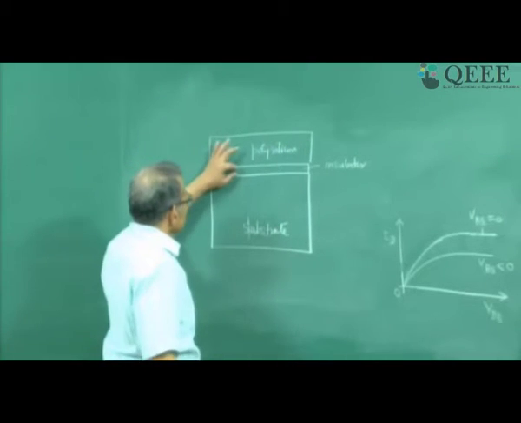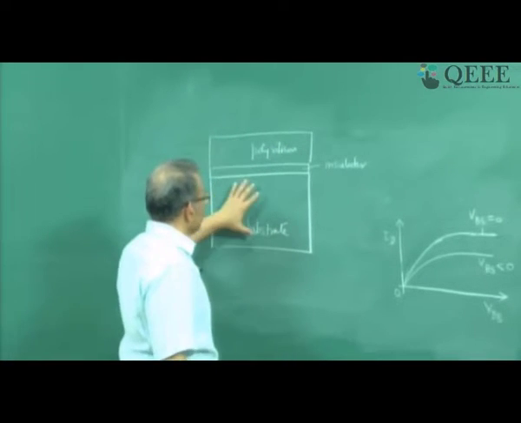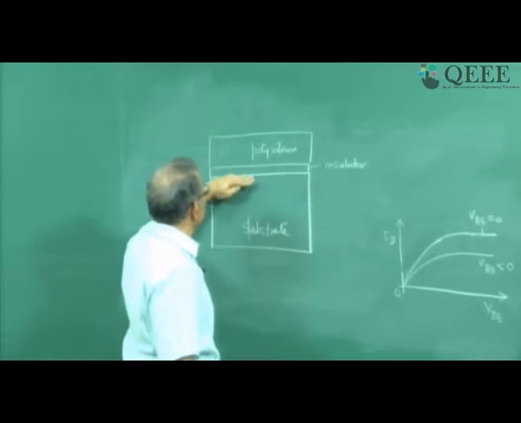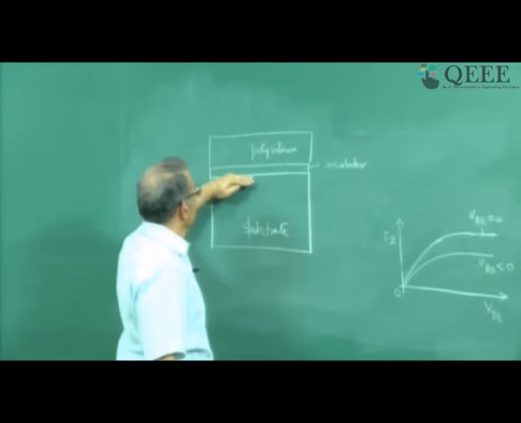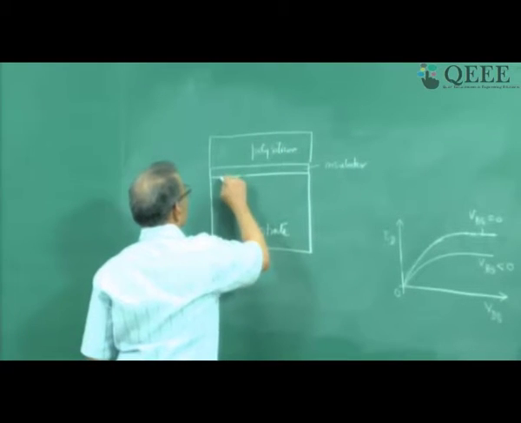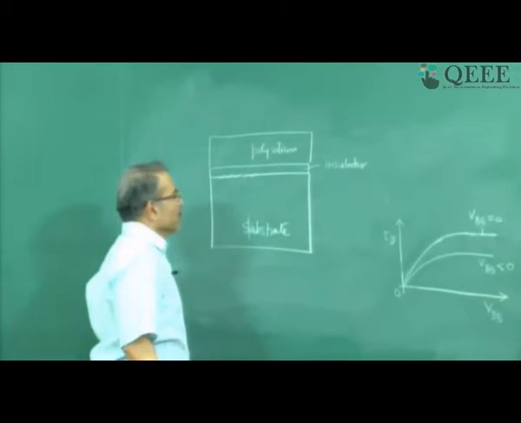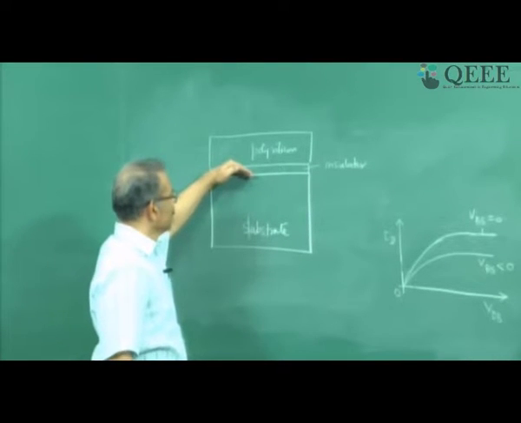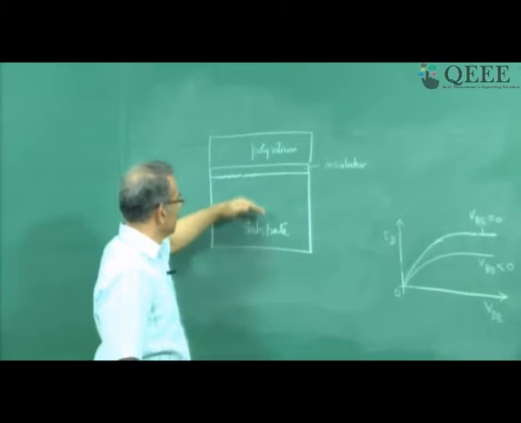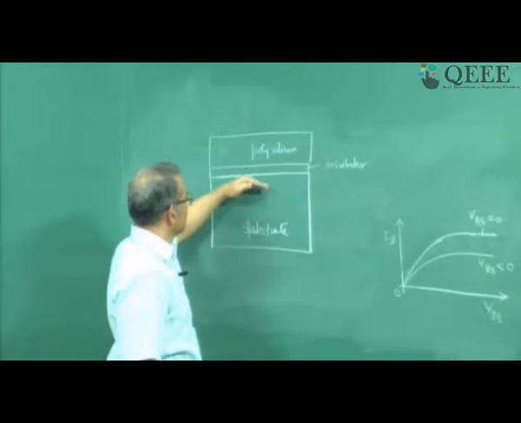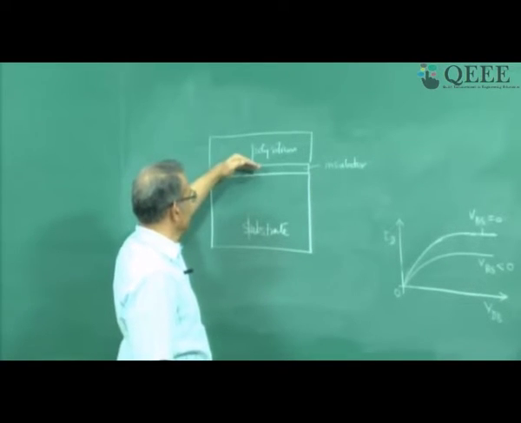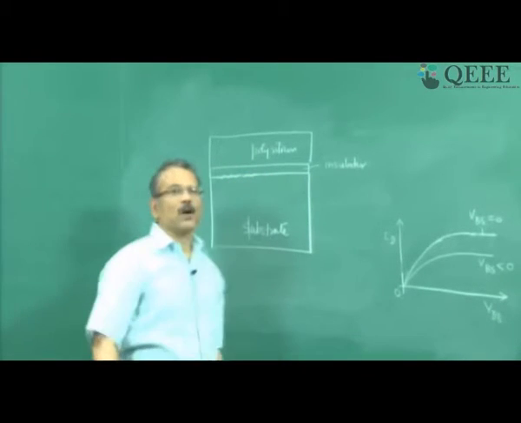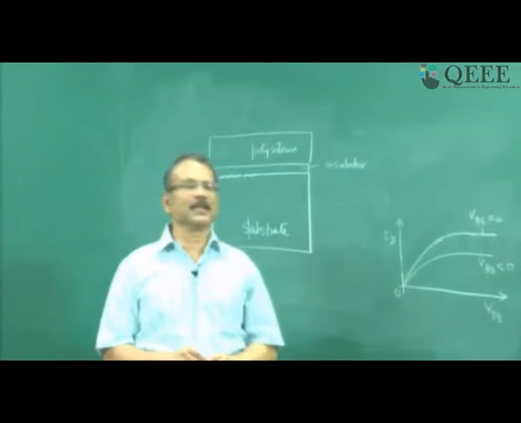Now, this insulator should be deposited on the substrate. The important issue here is the interface quality should be good. If the interface is, for example, rough, or if the interface has many charges, because there is a disruption of the structure from one material to another material. So either roughness or charges here will affect what is called the mobility of the carriers at the interface.